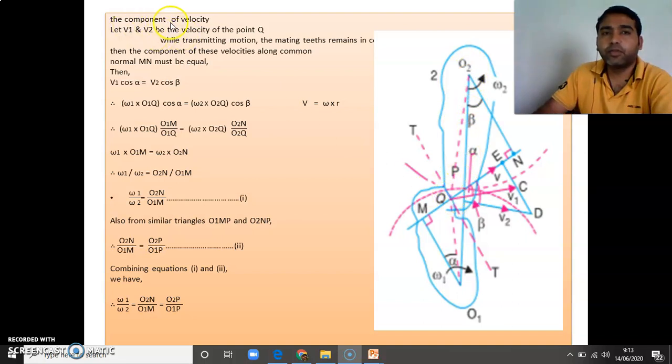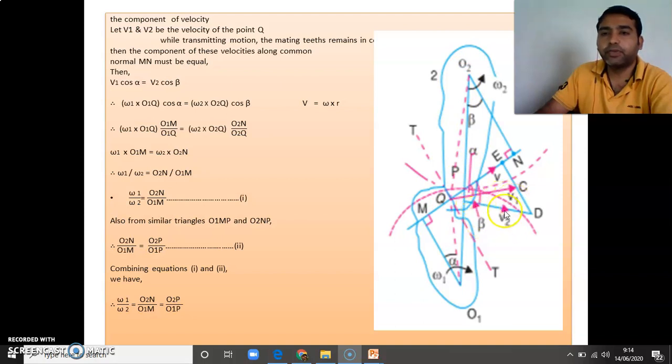Now for the components of velocity, let V1 and V2 be the velocities of the point Q. From the point Q, draw the perpendicular to O1Q, called V1, at an angle alpha. Also draw the perpendicular to QO2, V2, at an angle beta.